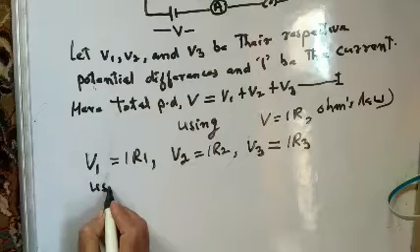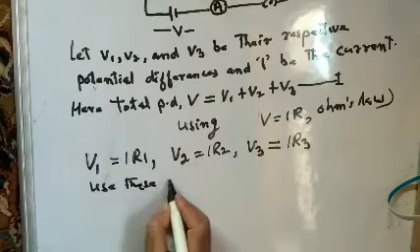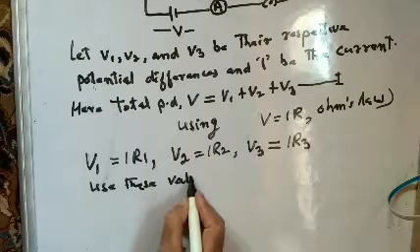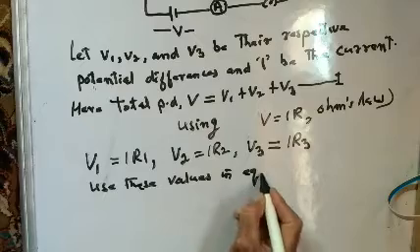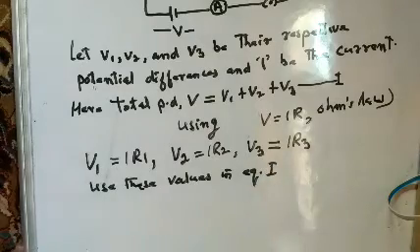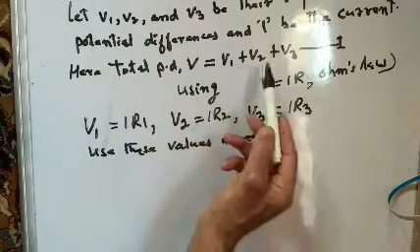We will use these values in equation first. V is equal to V1 plus V2 plus V3.